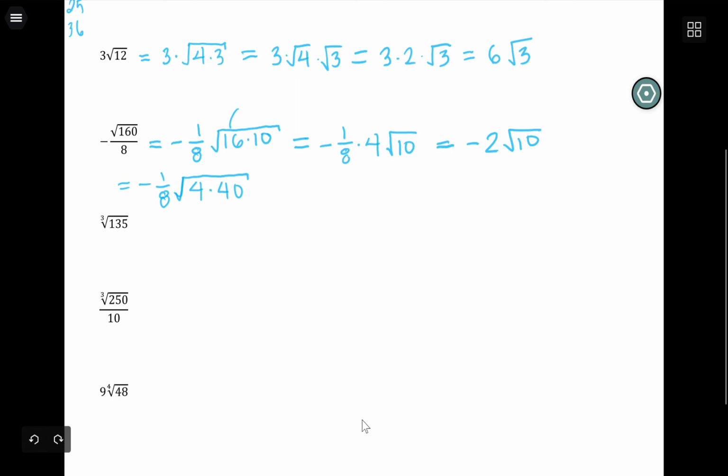Okay, and if you did this, you'd end up with negative 1/8 times 2 times the square root of 40. And negative 1/8 times 2 is negative 1/4 times the square root of 40. And that's great, but it's not what we ended up with.